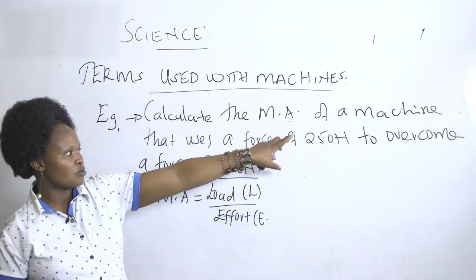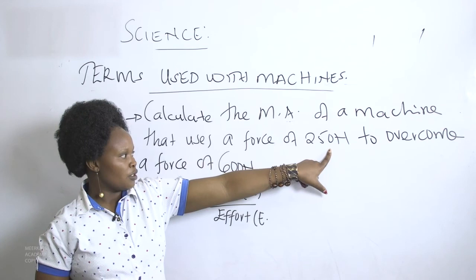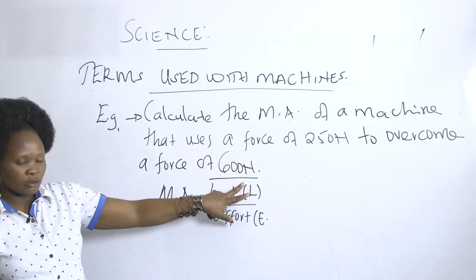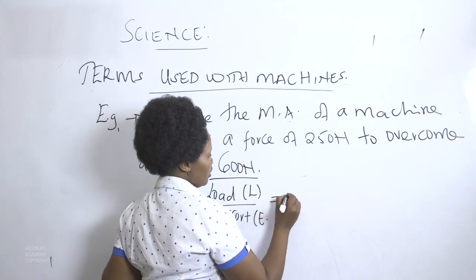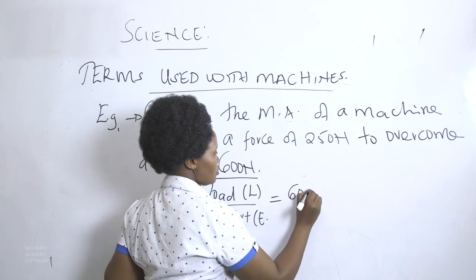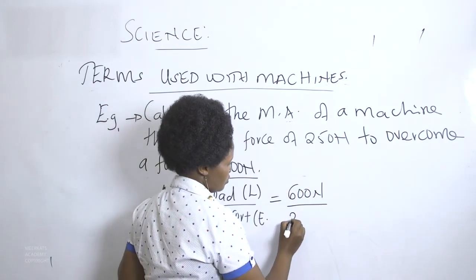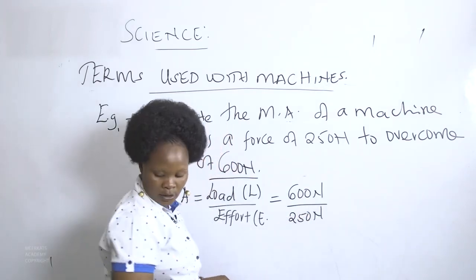The effort is 250 because that is what has been put into the machine in order to lift a load of 600 newtons. Therefore, our load is 600 newtons and our effort is 250 newtons.